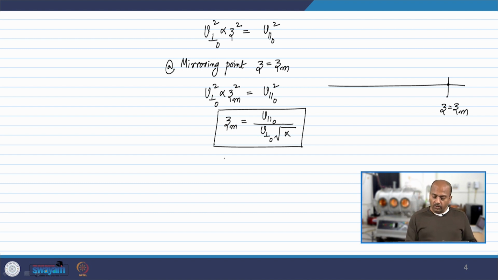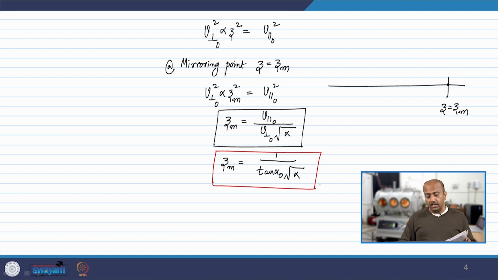So, using the definition of pitch angle, we can write Zm is equal to 1 by tan alpha naught into square root of alpha. Now, here what you have to understand is alpha naught is the pitch angle and alpha is just a constant.